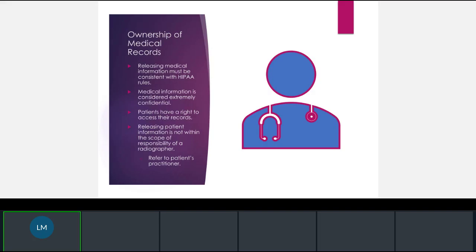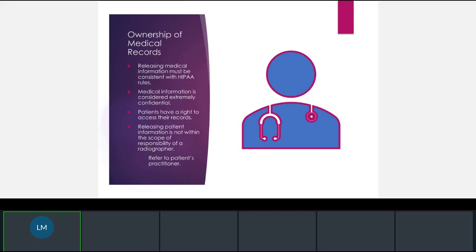That's why they can have access to it. Sometimes there is a fee for that, because someone would then have to, not just the access part, but they might have to provide copies of that image, or they might have to print the report that goes along with that image. So when it comes to this, the patients do have a right to it, but the facility also has a right to charge for it.